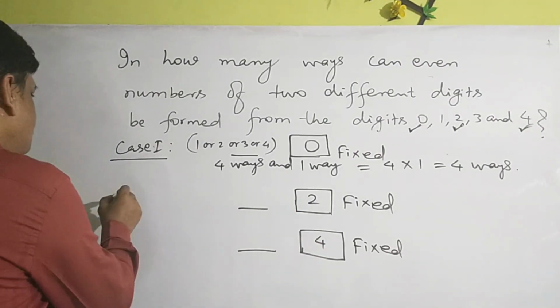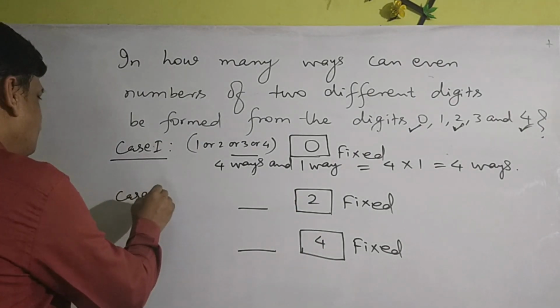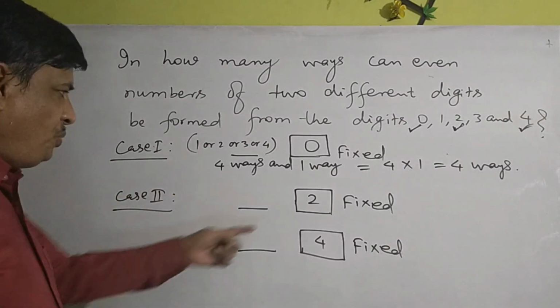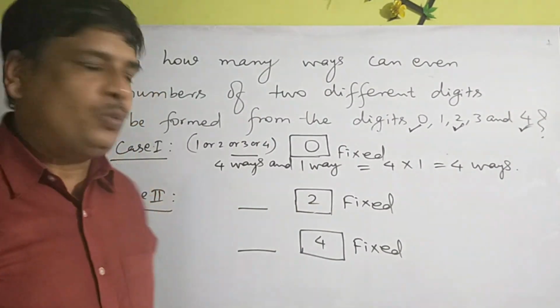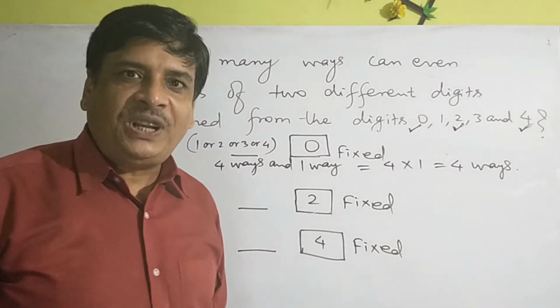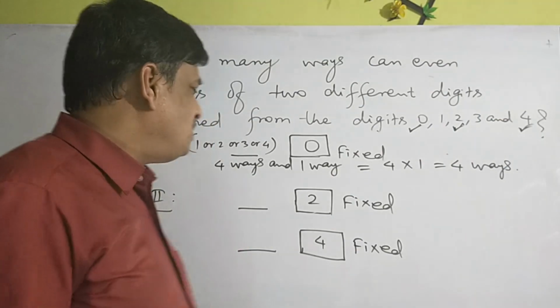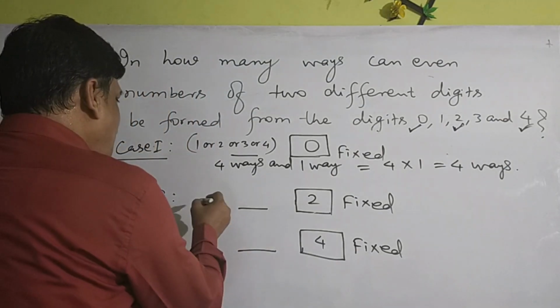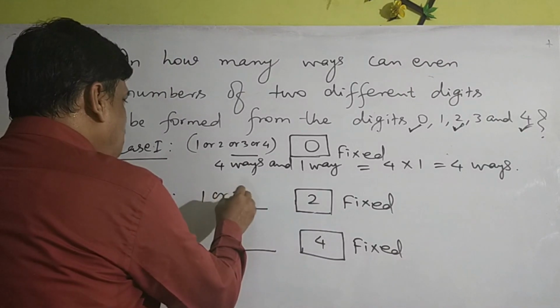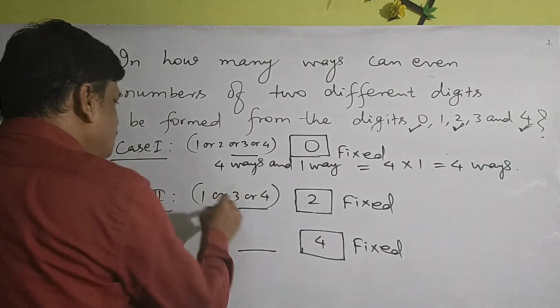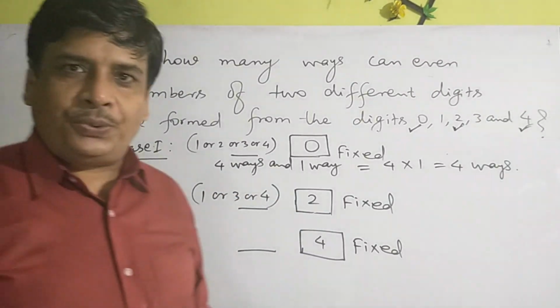In the second case, in which the unit place is 2, what options do we have for the tens place? We can take at the tens place 1 or 3 or 4. Here we cannot use 0.